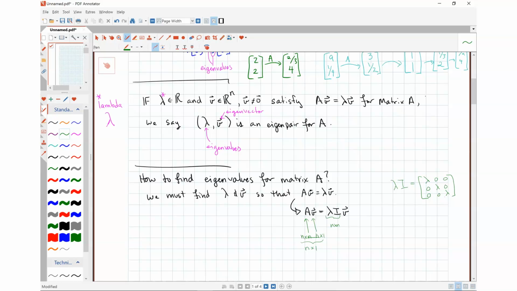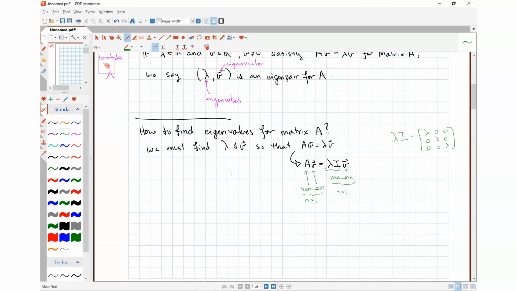It's just the identity matrix times the scalar lambda. And now when we take the product, we have a matrix times a vector, and of course we're still going to get an n by 1 column vector as a result. But now we can move these around in a way that's going to be very productive.